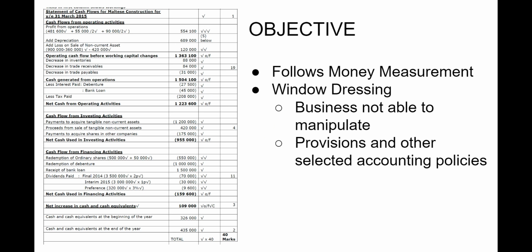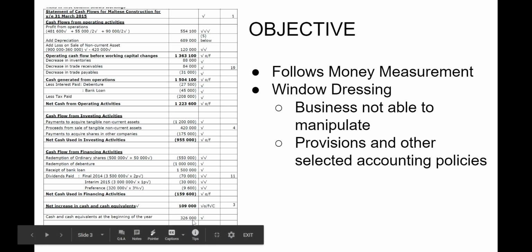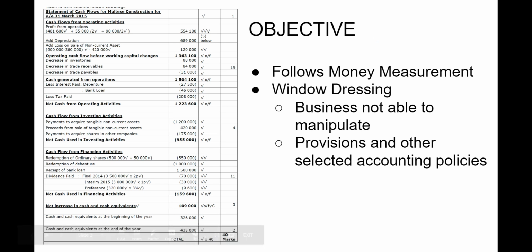A manager cannot manipulate the amount of cash generated and used, because ultimately, at the bottom of the cash flow statement, and you can also find this information in the balance sheet, the amount of cash at the start of the year and the amount of cash a business has at the end of the year are both measurable.